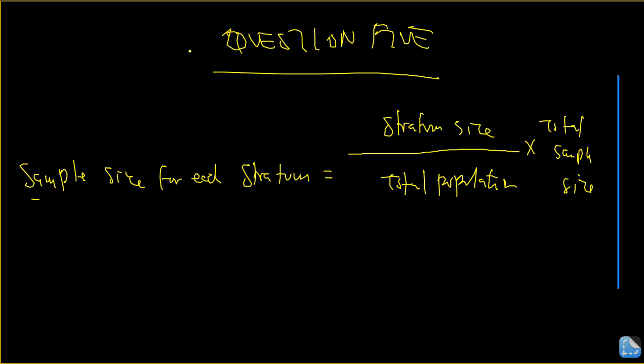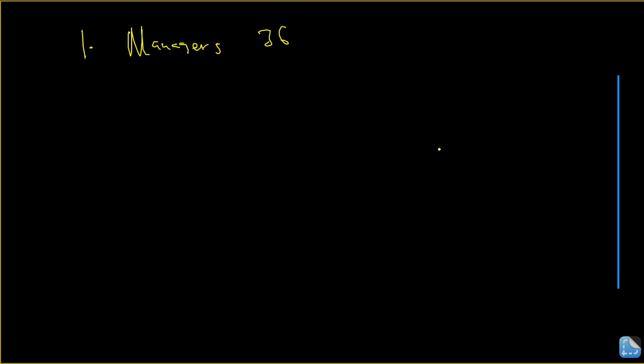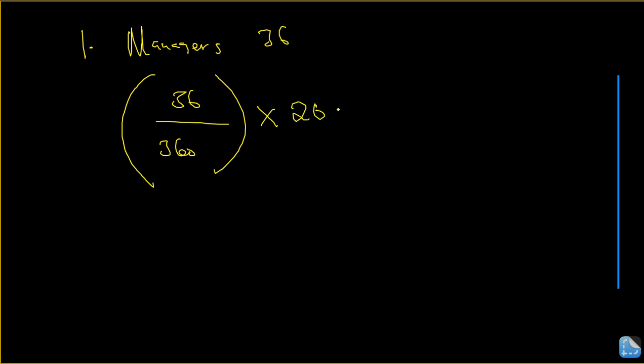Your company has a total of 360 employees in 4 different categories. So what we do here is, for our managers, we are going to say the stratum size 36 divided by your population 360, and then multiply this by the sample size that you want, 20.